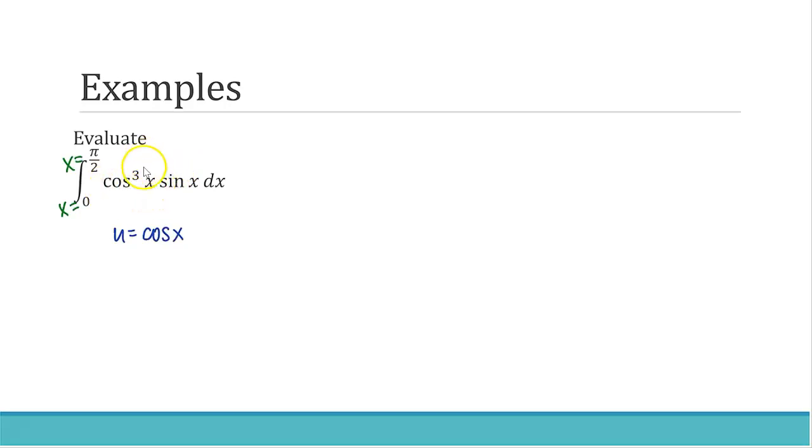Cosine x is inside of the cube, and a version of the derivative of cosine is multiplied on the outside. The derivative of cosine is negative sine, so we have du is negative sine x dx. I ultimately just want to replace sine x dx, so I'm going to replace that with negative du. Negative du is sine x dx.